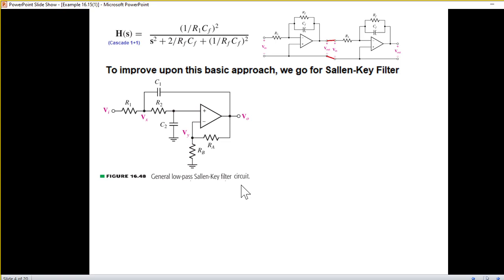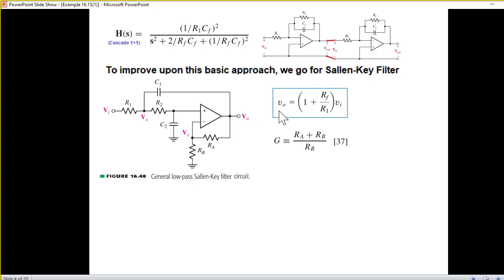Sallen and Key, they designed this filter. This is also a second order filter. And if we keep this filter in mind, this is a non-inverting filter. You can see the input is going to the positive terminal, so non-inverting.